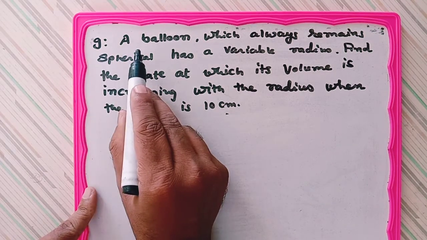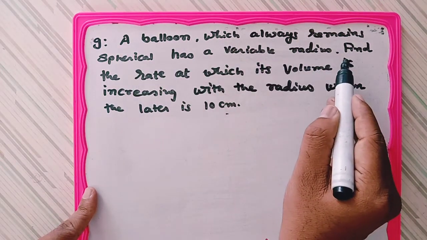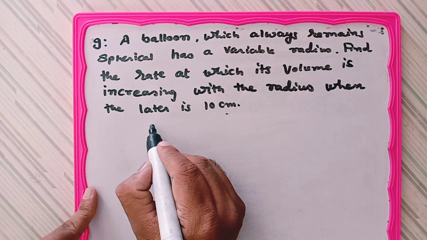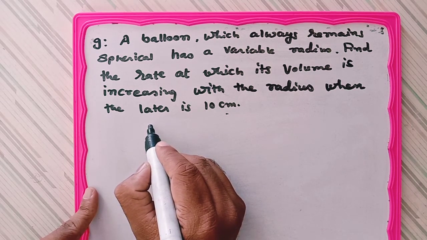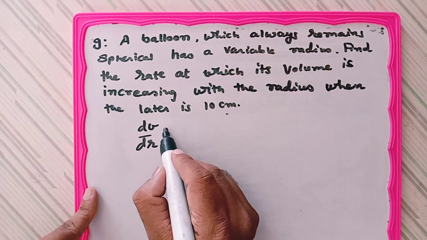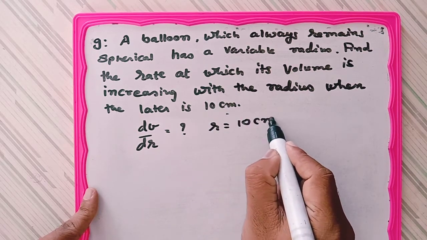Now question 9, we have a balloon which always remains spherical and has a variable radius, meaning the radius is changing. Find the rate at which its volume is increasing, meaning we have to find dV with respect to radius dr when the radius is 10 centimeter.